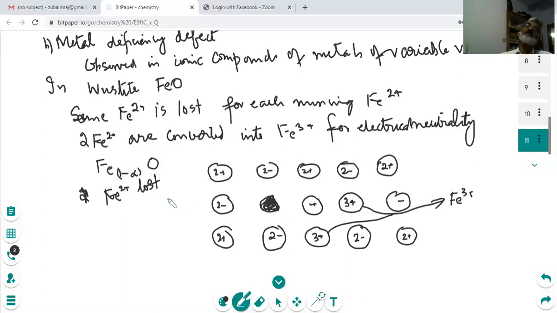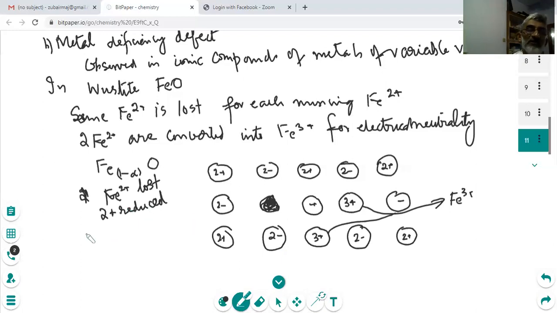When Fe2+ is lost, that means 2 positive charges are reduced in the crystal. Now you have to compensate this. So you have to increase the positive charge.